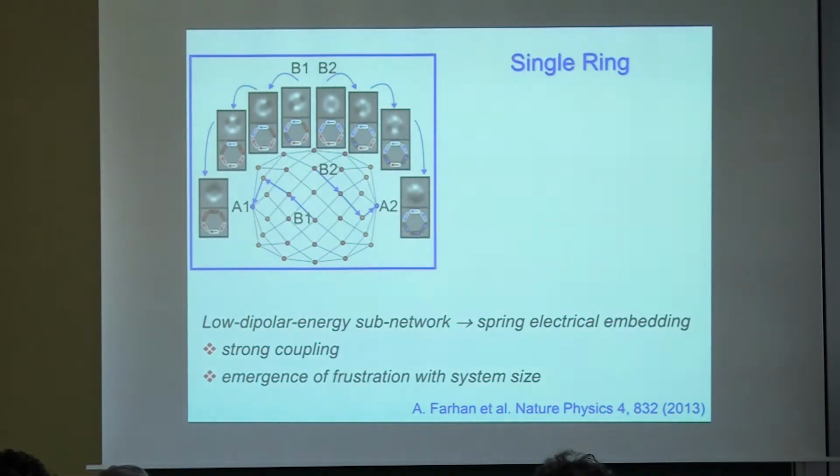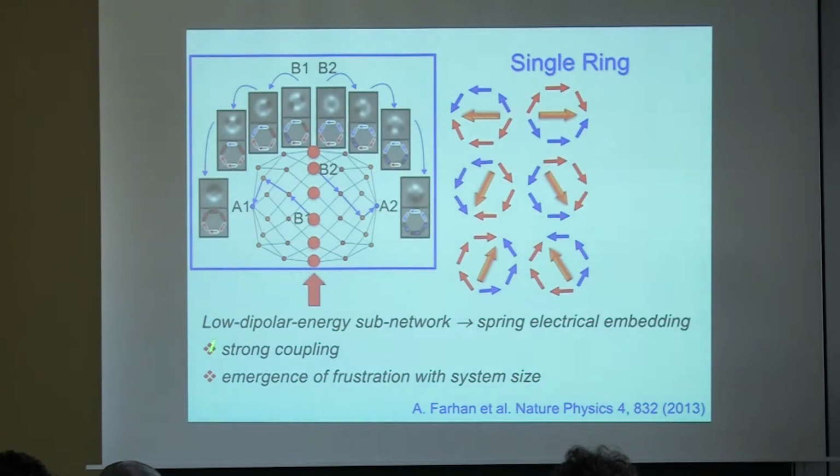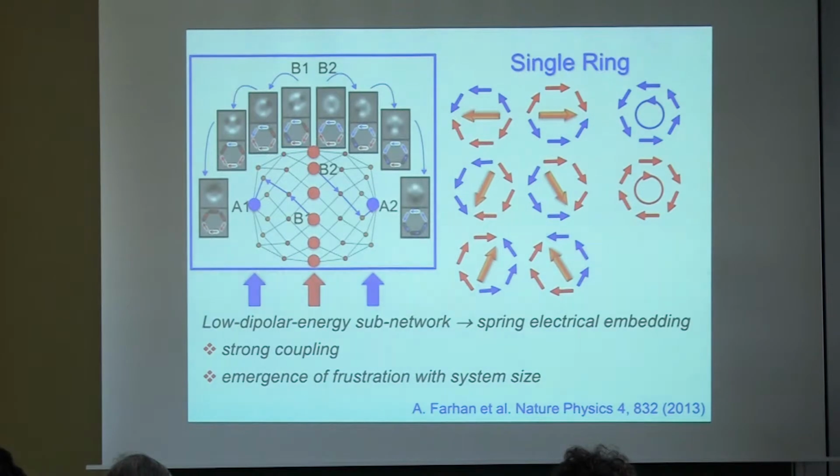And this is actually the single ring structure, showing how you relax from one state to the other. And here we've just chosen the low dipolar energy subnetwork. And these 6 states in the middle correspond to all moments pointing towards a given direction, given by the orange arrow. And there are 6 possibilities, hence the 6 red dots. And the lowest energy states are these vortex states, clockwise and anti-clockwise, indicated by the blue dots.